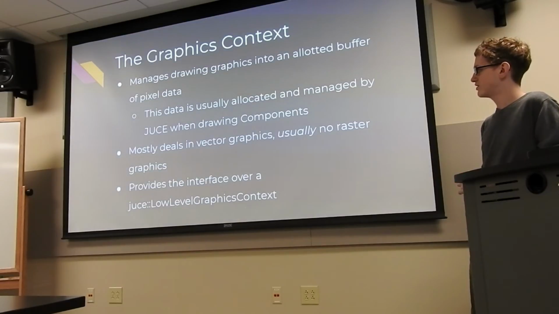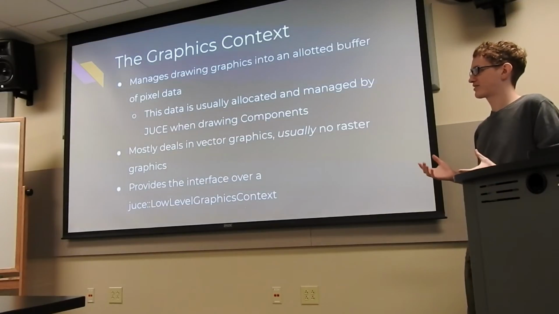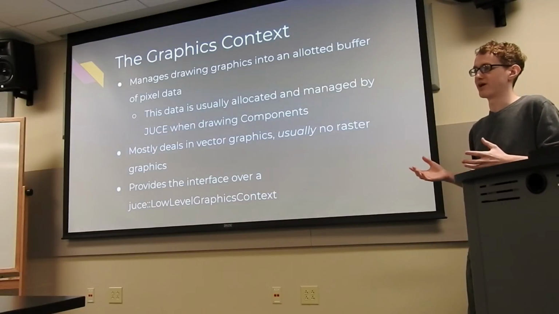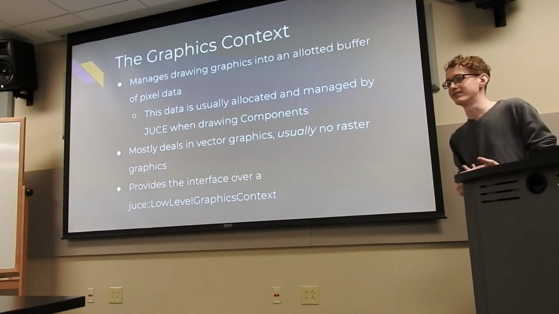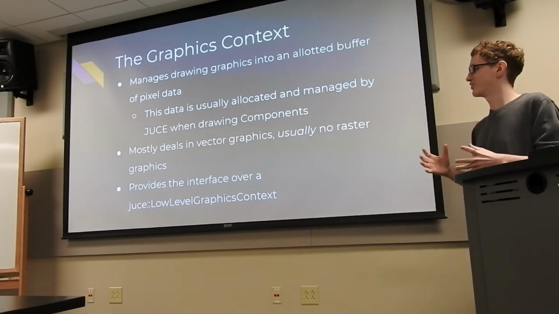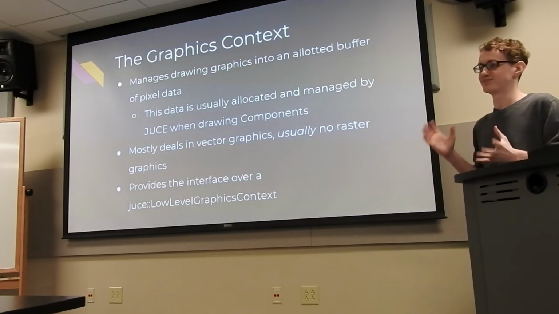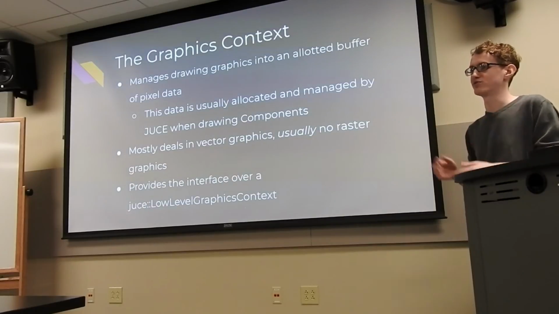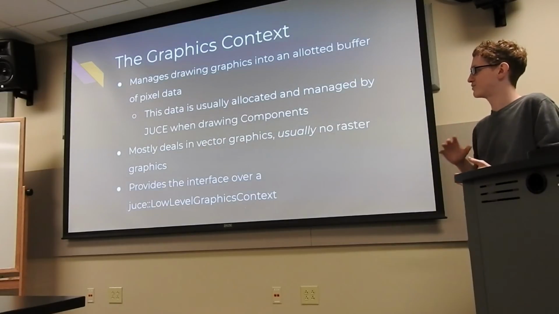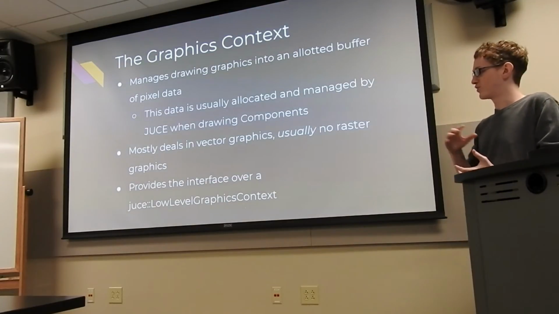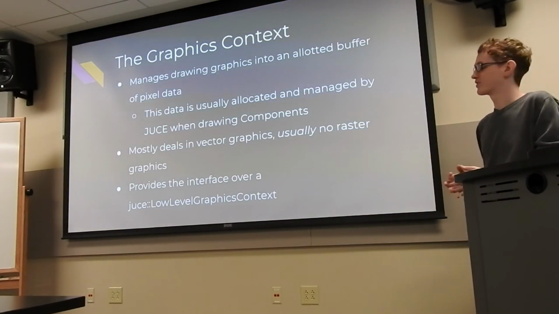There's the basic one, which is the software renderer, and that's what's used on Windows and Linux. So when you're drawing on those, you'll see the exact same image no matter what. Setting aside pixel density and resolution, the same code that draws graphics on Linux in JUCE also draws the same graphics on Windows.